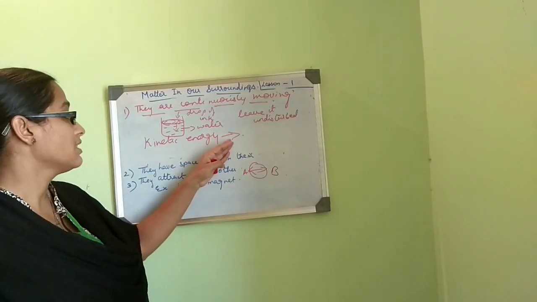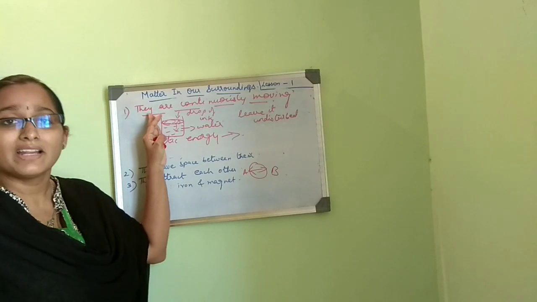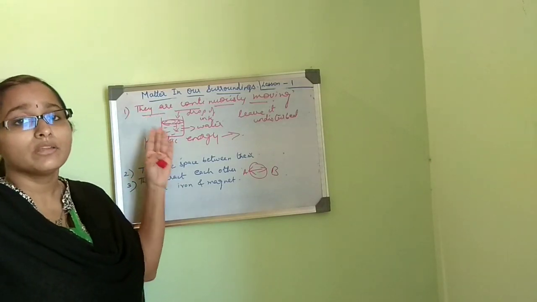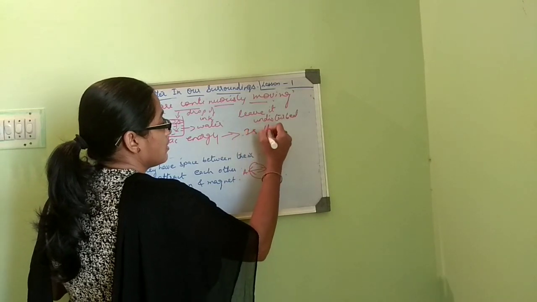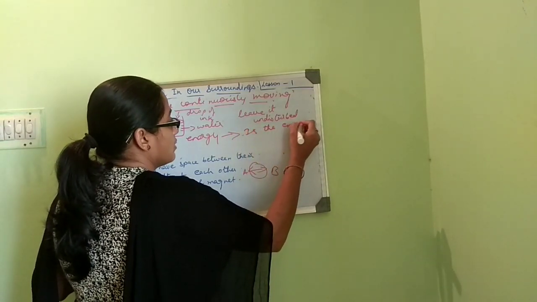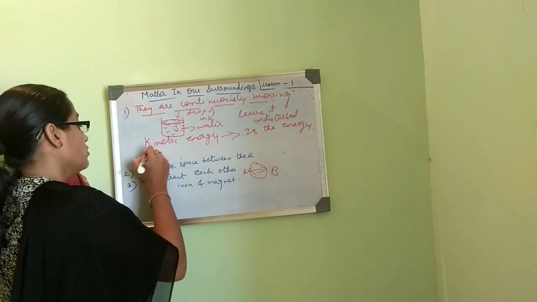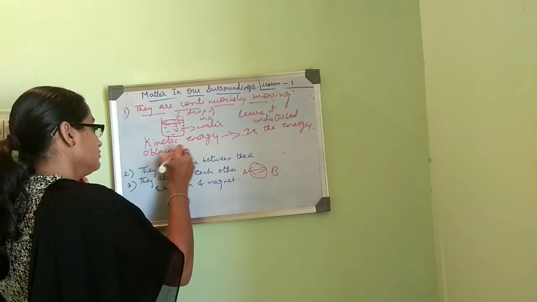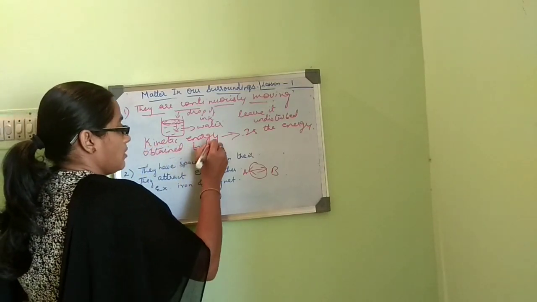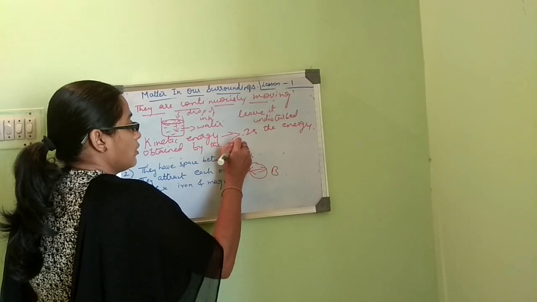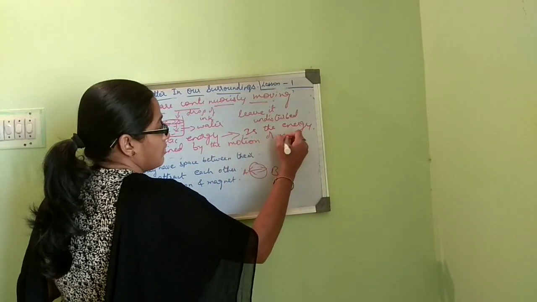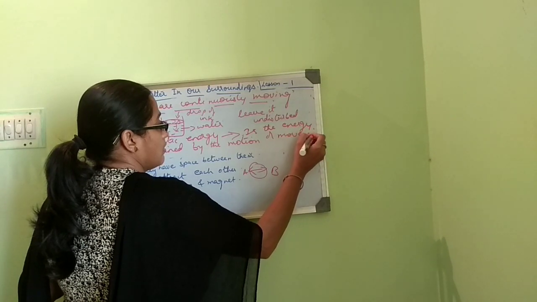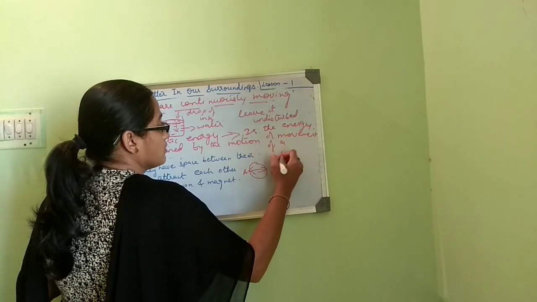It is the energy that the particle or the matter has obtained by movement. So kinetic energy is the energy obtained by motion or movement of a particle.